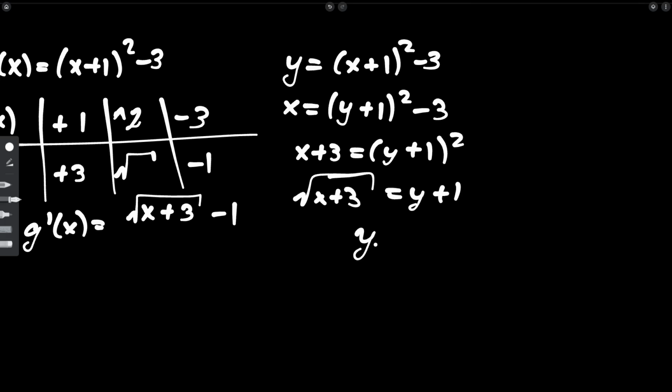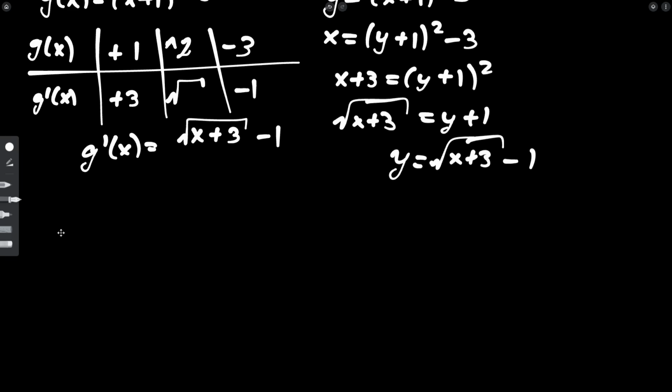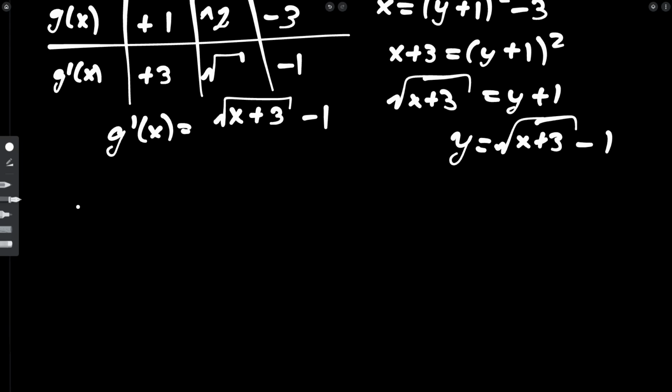And now we have y equals the square root of x plus 3 minus 1. The answers match. Okay, we're good. Now, let's graph. Remember that it's asking for the inverse for x greater than or equal to -1. Here we see greater than or equal to -1.